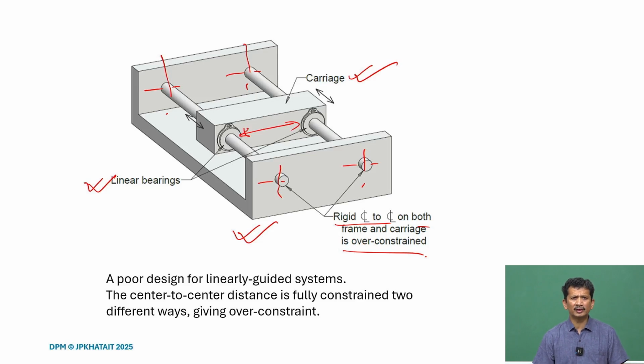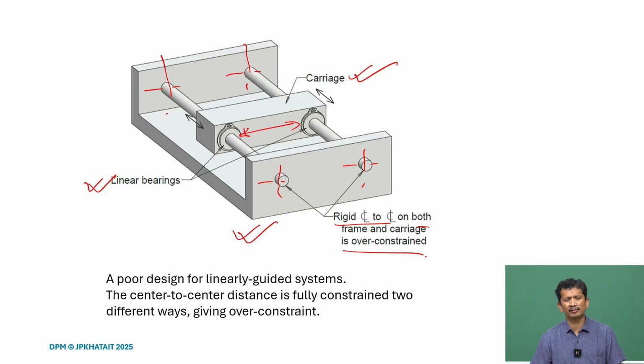There is so much over constraint here, and the only way to address it is to define very high tolerances, so the cost will increase. At the same time, if we do not want to do that, then we have to compromise on the design.